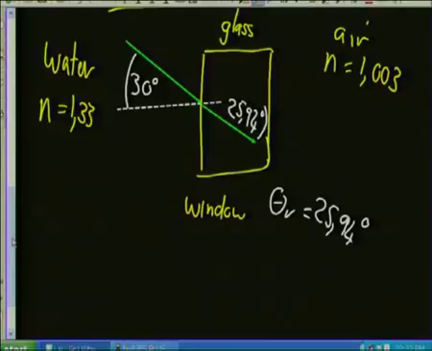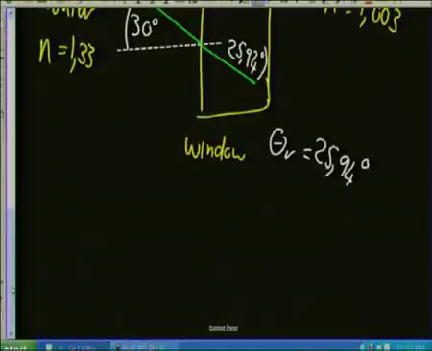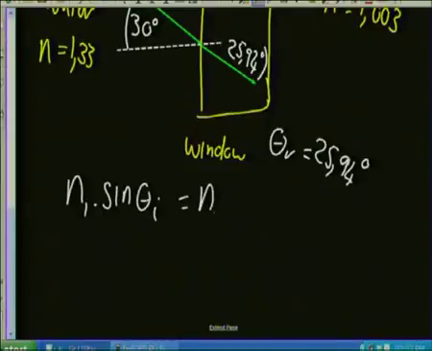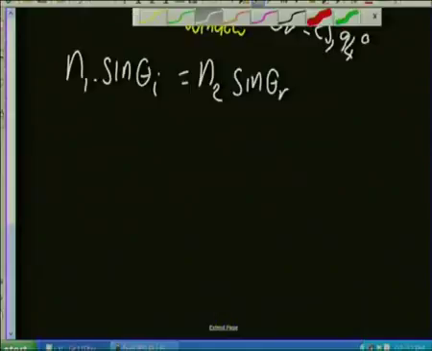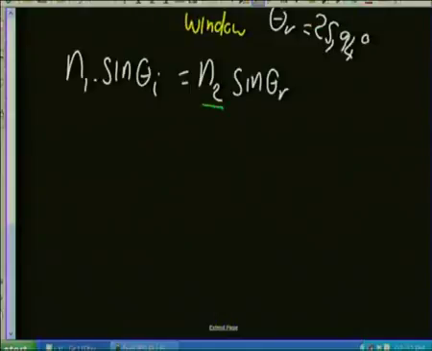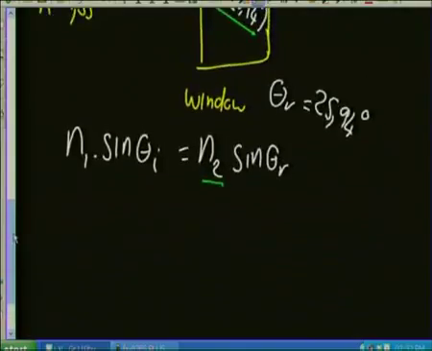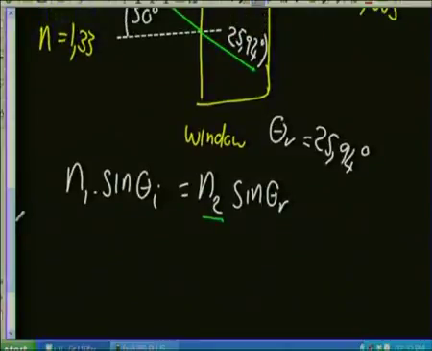Well, let's do it. I think we're just going to apply Snell's law. So remember what it is? N1 times sine theta I is equal to N2 sine theta R. And we're wanting to find this one, the refractive index of glass. So here we go. We'll substitute our values in. Don't try and rearrange the equation, we'll just get a mess then.